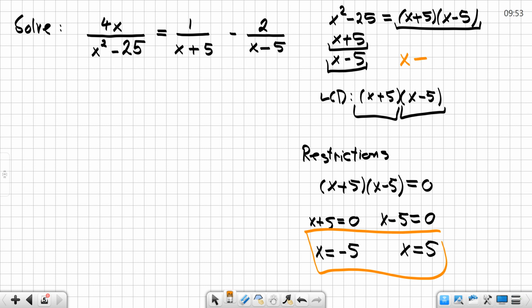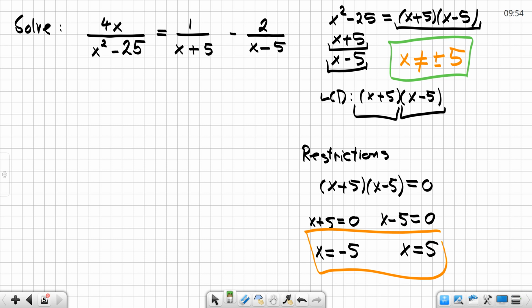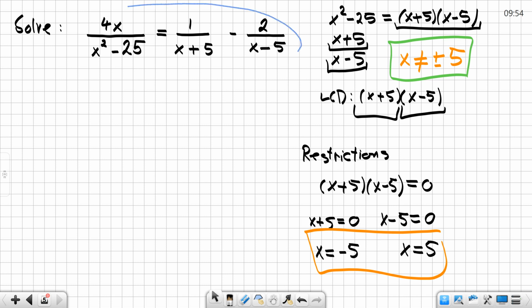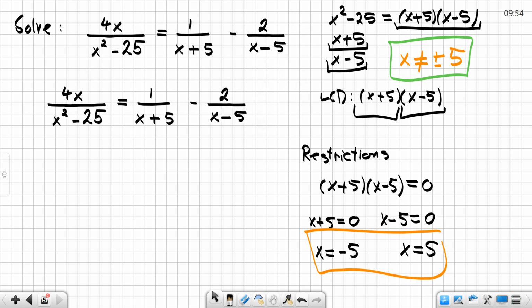So, whatever x is going to end up being, it cannot be plus or minus 5. This is the fastest way how we write plus or minus, just putting them both in front of the 5. All right, now we move on, doing the same steps as before. Math always works like this. You just always do the same thing again.